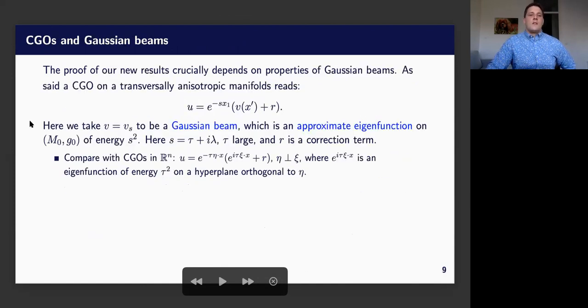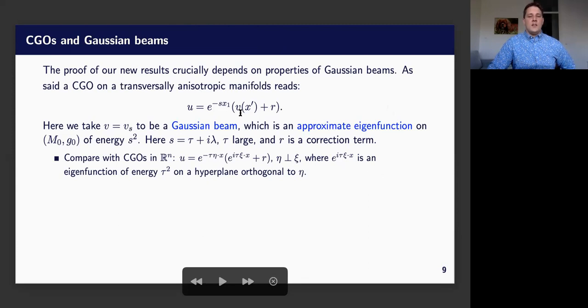So the proof of our new results depends heavily on the properties of Gaussian beams. As I already said, a CGO on a transversally anisotropic manifold has the following form. So u solves Laplace u equals 0, and it has the form e to the power minus s x1 times, in brackets, v(x prime) and then r.